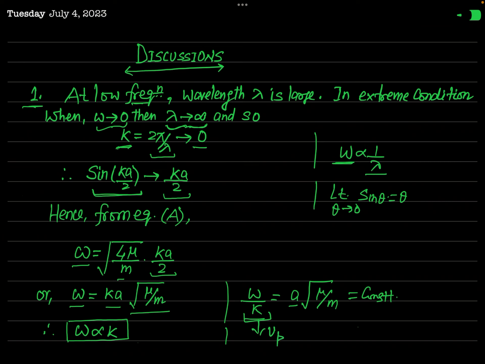So in this case the phase velocity of the wave will be constant, or independent of wavelength. And if the velocity of the wave does not vary with wavelength, then the medium is called non-dispersive. It means no dispersion effect takes place in this condition, or in other words, the dispersion effect will be negligible.